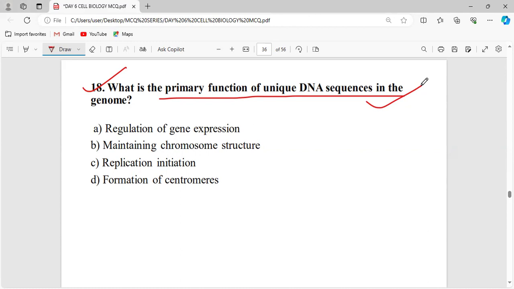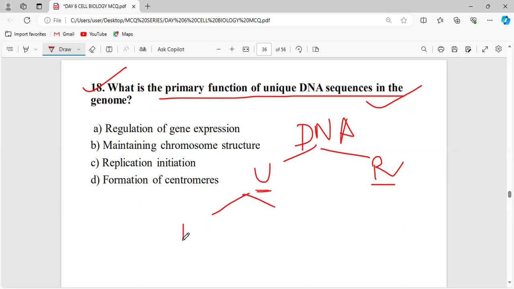Before that, I have to explain what types of DNA sequence we can find in our body. See, DNA sequences can be categorized into 2 types: unique DNA, or non-repetitive DNA, and repetitive DNA. Unique DNA can be further categorized into truly unique, which is a single copy of a gene, and the gene family, where we can find similar sequences, and hemoglobin is the example.